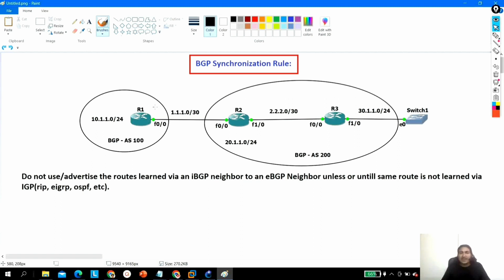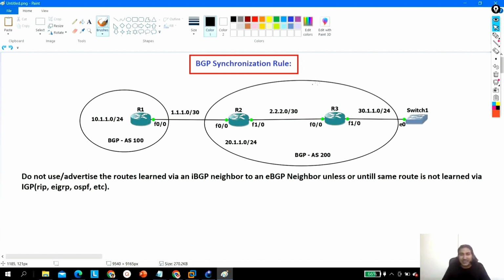It means the BGP synchronization rule tells you not to install that prefix in your routing table if you are receiving these routes from an IBGP neighbor, until that route is learned via IGP.